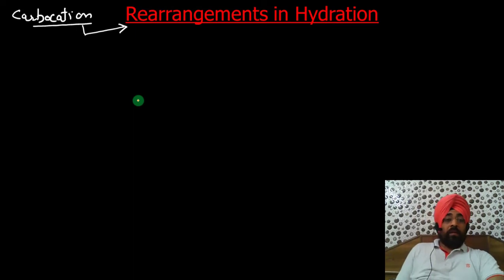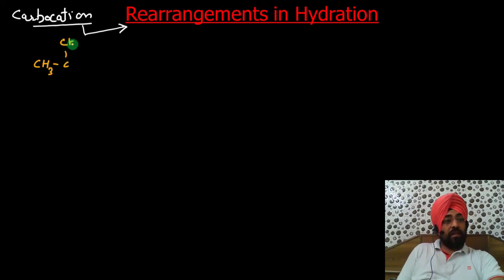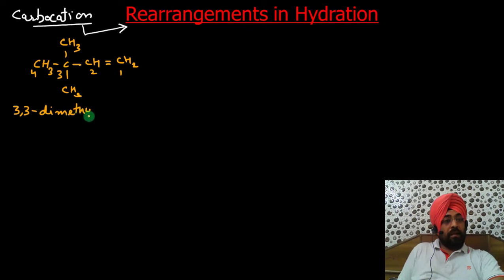How? Suppose this is the reactant: CH3 C CH3 CH3 CH double bond CH2, carbons 1, 2, 3, 4, it is 3,3-dimethylbut-1-ene.